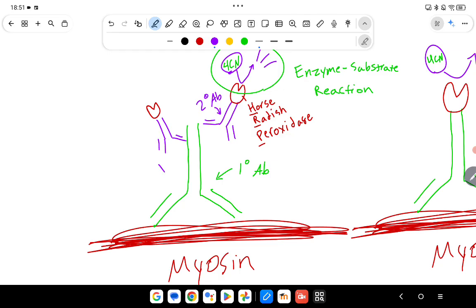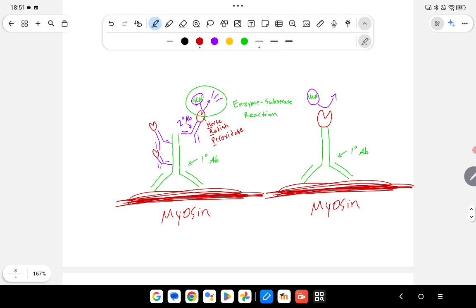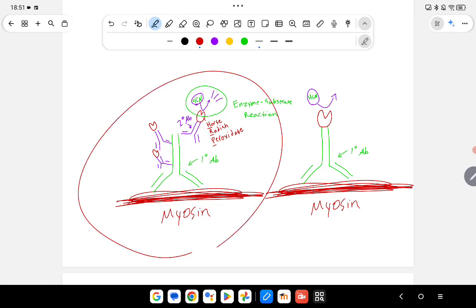This gives you a stronger signal. That's ugly, but you get the point. So you get a stronger signal with this over here rather than this.